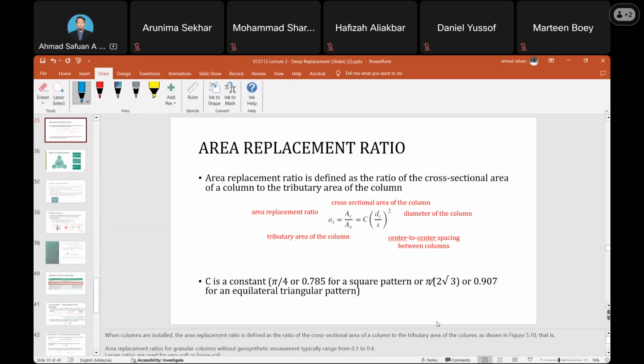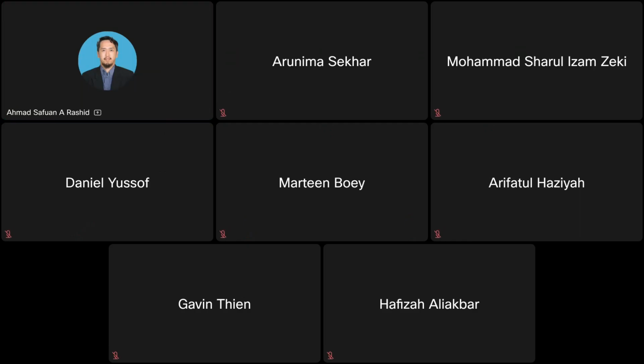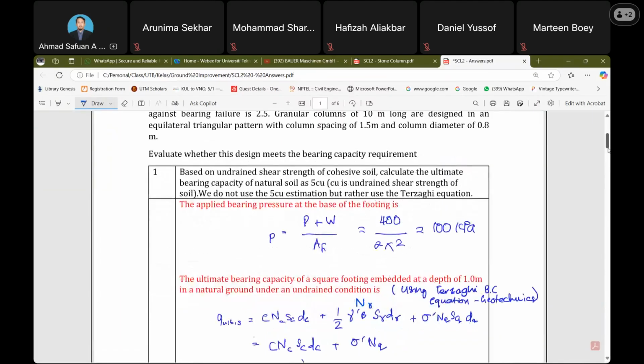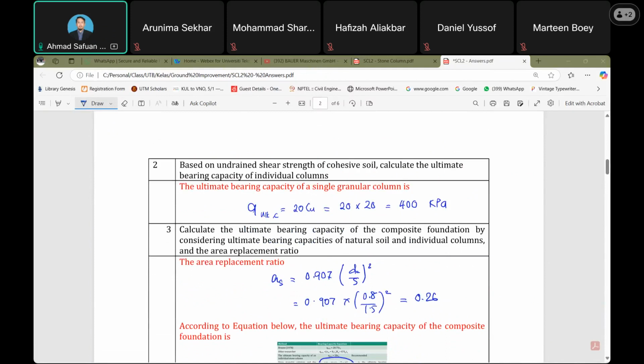So the value for As is 0.907 times Dc, the diameter of the column, over s, the spacing center to center. So that is for the As. Then we get As is equal to 0.26.